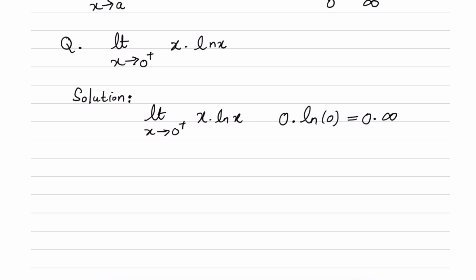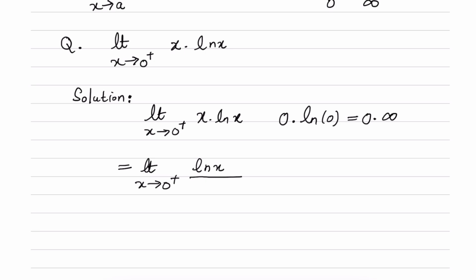So you go back to your limit question and rewrite your expression in a way that when you again apply the limit, you get either 0 by 0 form or infinity by infinity form. How can I rewrite this expression? I'm going to keep ln x here as it is, but I'm going to bring x down.